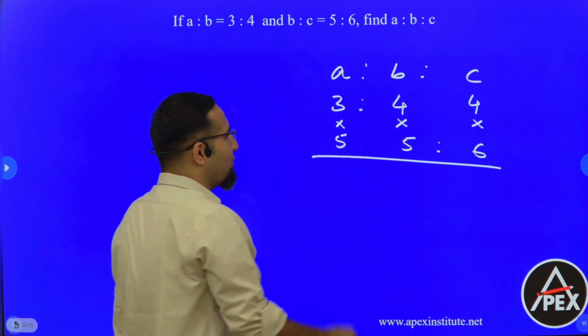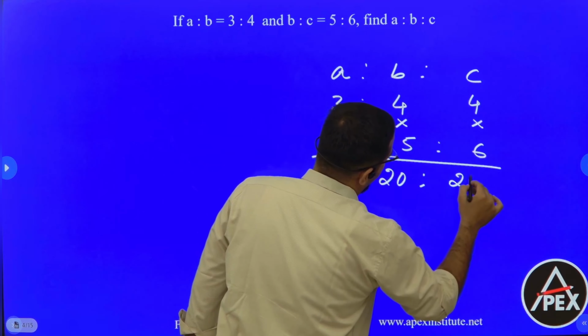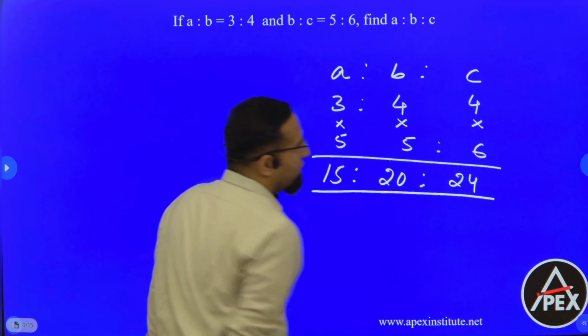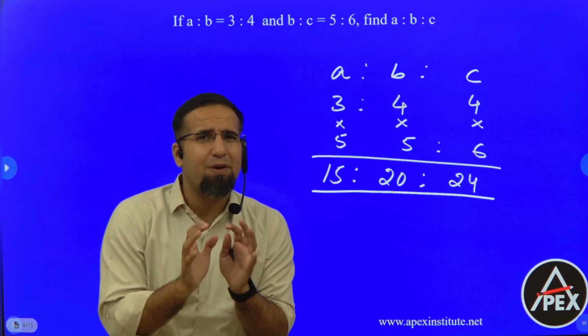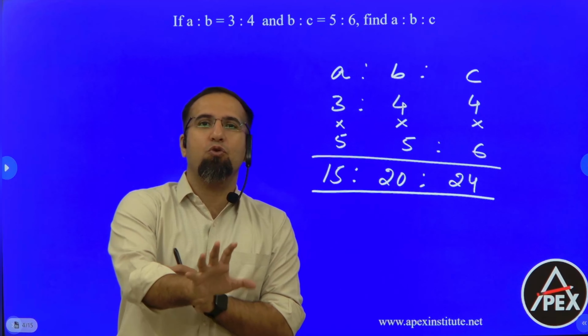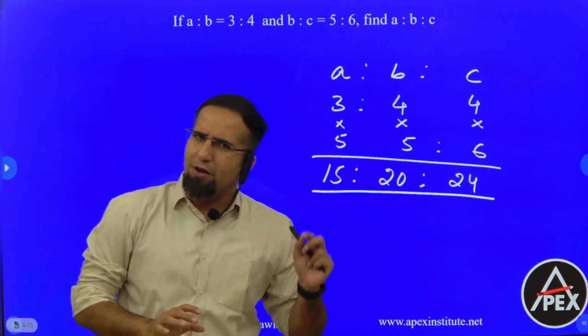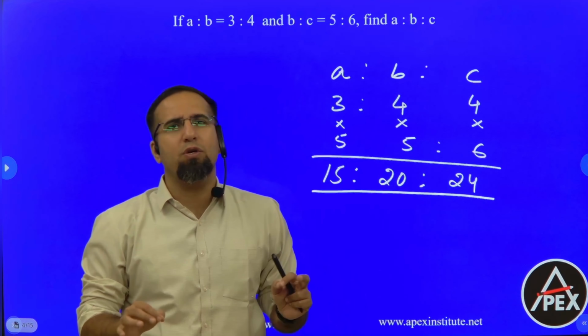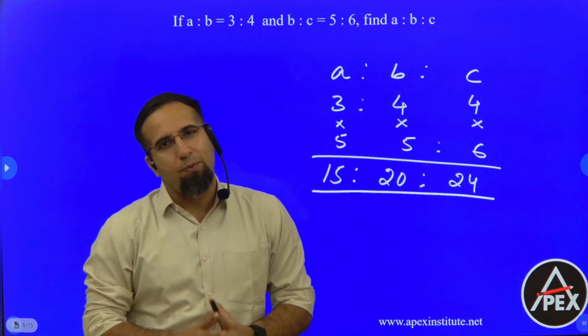Okay? So therefore what do I get here? So 15 आ गया, 20 आ गया और 24 आ गया. This becomes the final ratio of A is to B is to C. So you can see how simply you can combine 2 or more ratios by using the regular ratios method. If regular ratios is not given, then what we do is we make the repeated term numerically same and then start solving the questions. Okay?